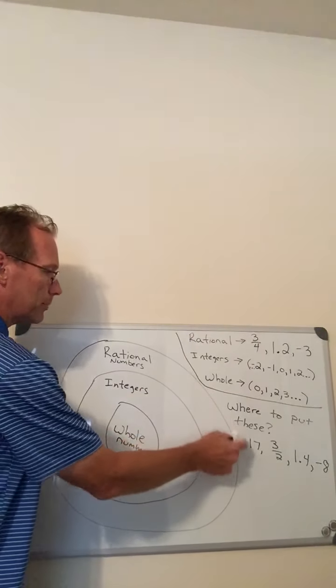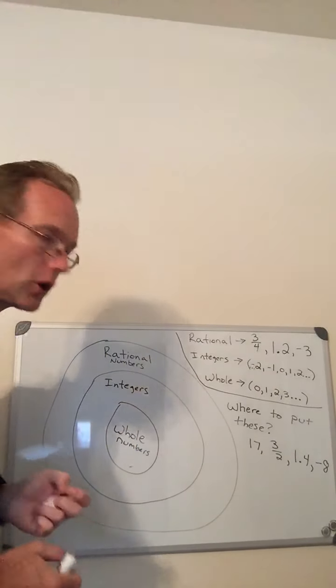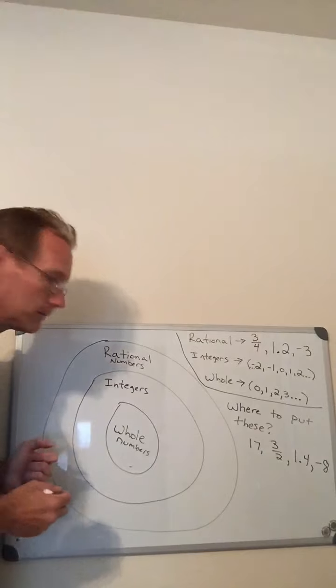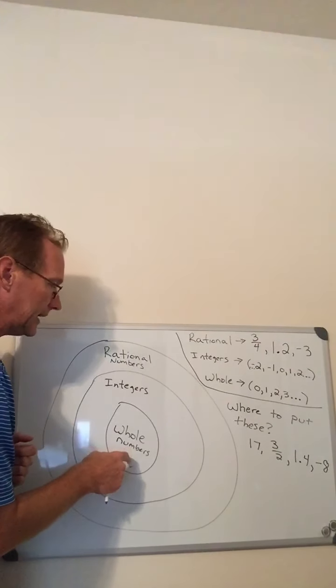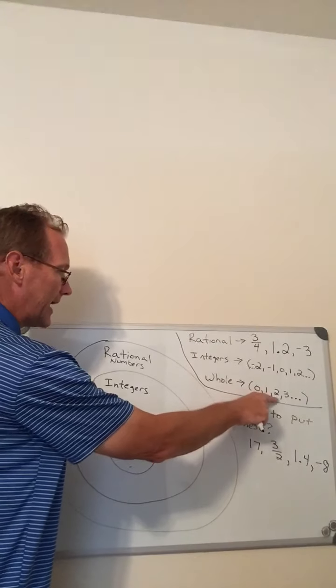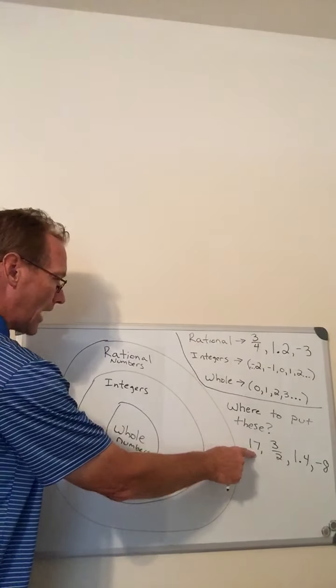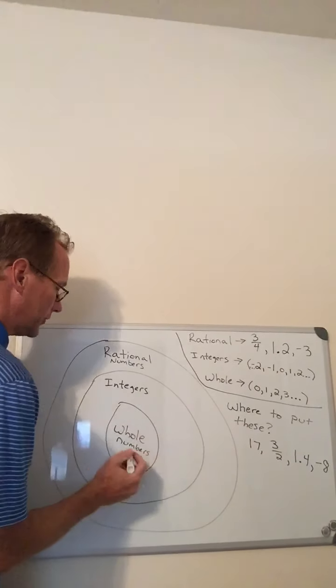So let's look at a couple of example numbers. We have the number 17. Let's start in the middle of our donut here. 17, would that be a whole number? Remember, we start at 0 and we count up with no fractions and no decimals. So there's no fraction, no decimal, that's a positive number.